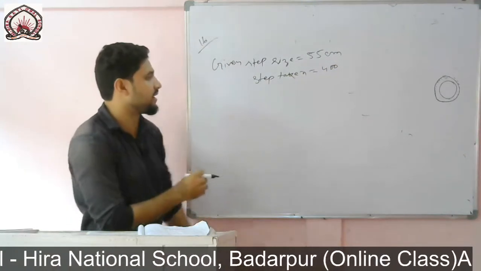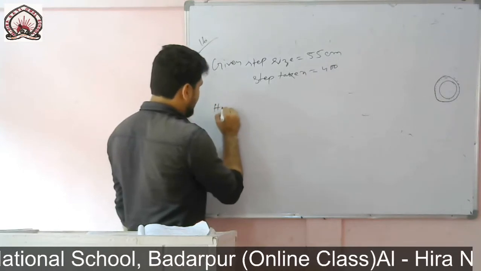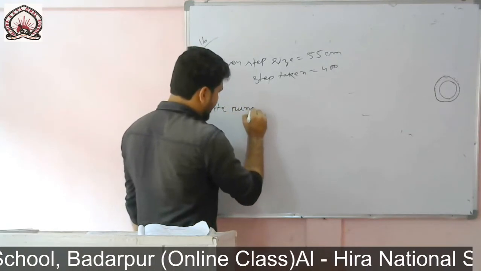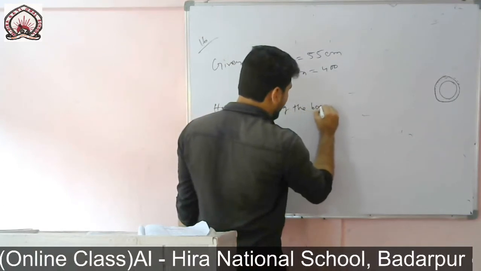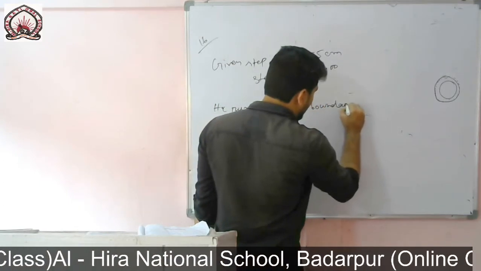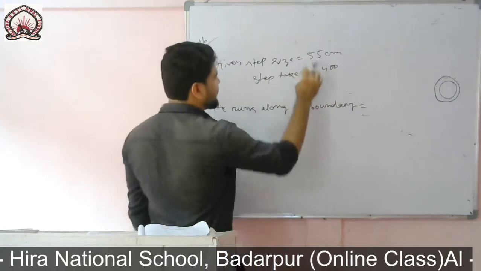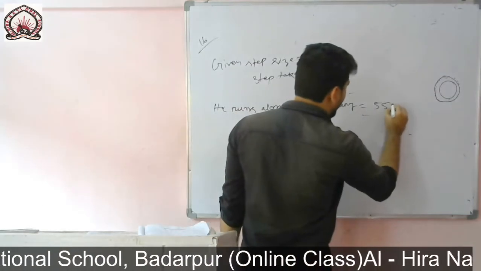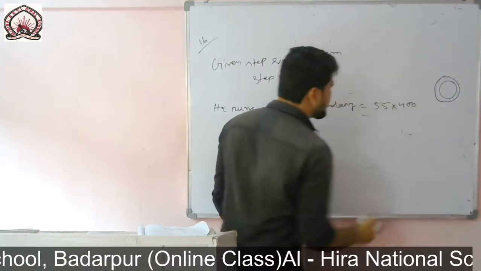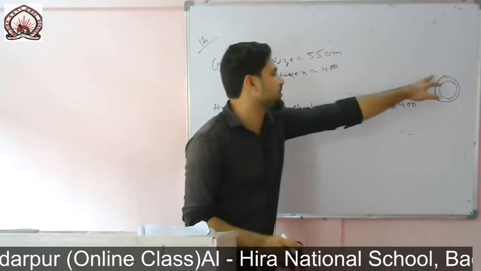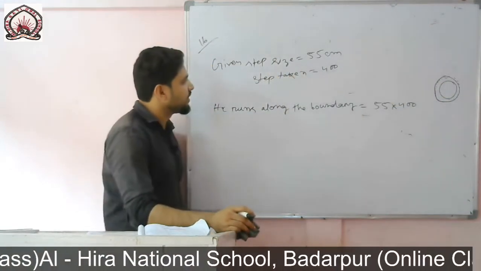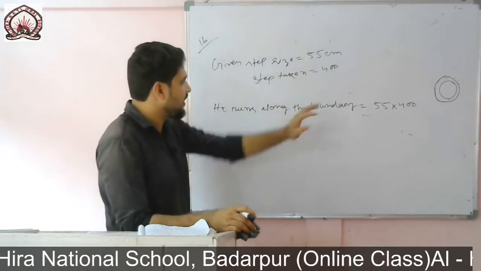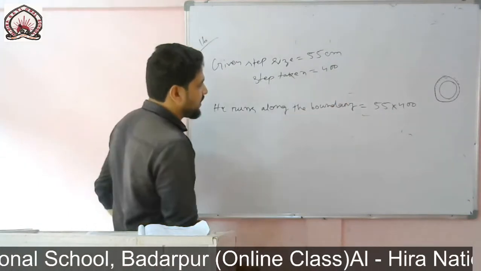He walks along the boundary, so the boundary will be this into this, because if we multiply the step size with the total steps, then we will get the boundary.